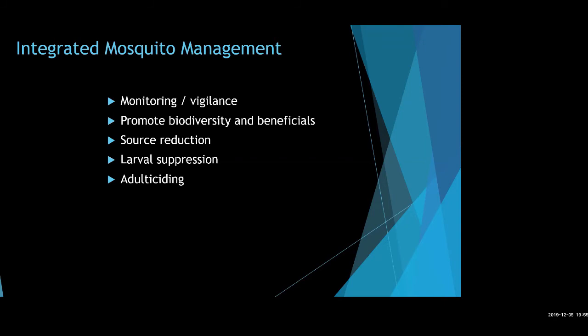Those should be the last. Adulticiding is used whenever there is virus in the environment, which goes in with the monitoring part, or whenever emergency situations arise. In our case, it's hurricanes or floods. When those types of catastrophes occur, adulticiding is necessary.